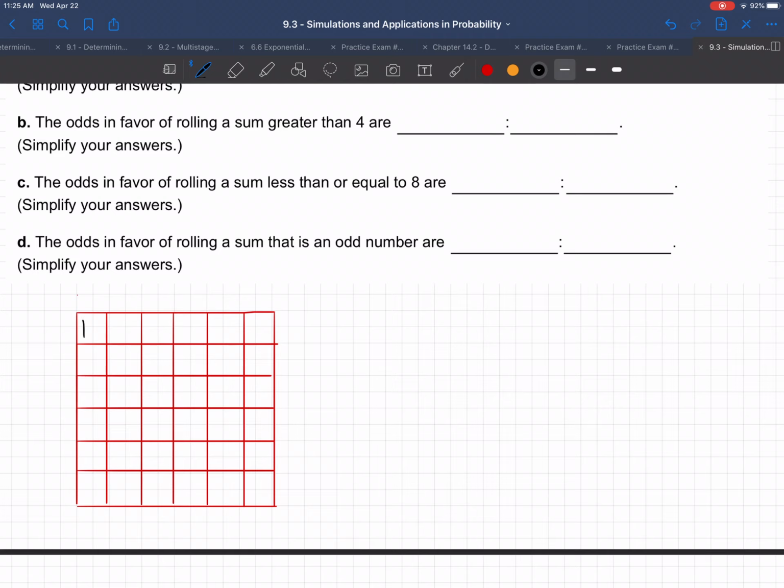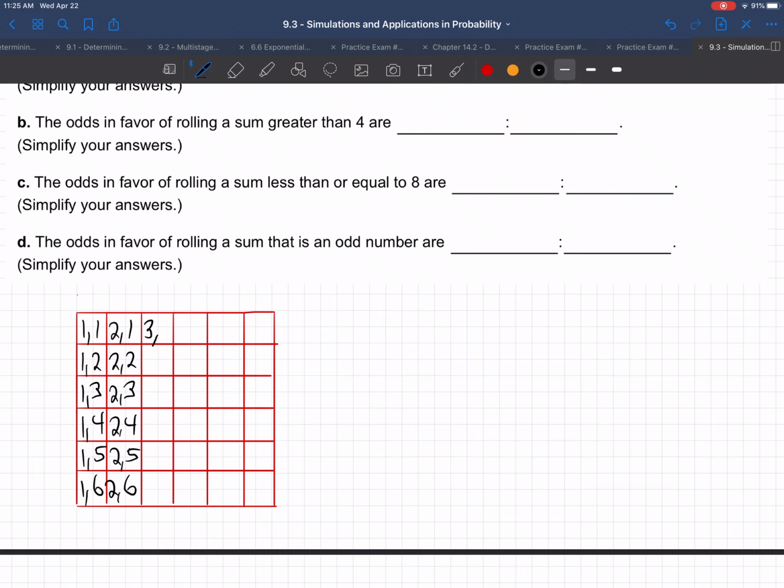We can get a 1 followed by a 1. 1, 2, 1 followed by 3, 1 then 4, 1 then 5, 1 then 6. Or we could start with a 2 then 1, 2 then 2, 2, 3, 2, 4, 2, 5, 2, 6.